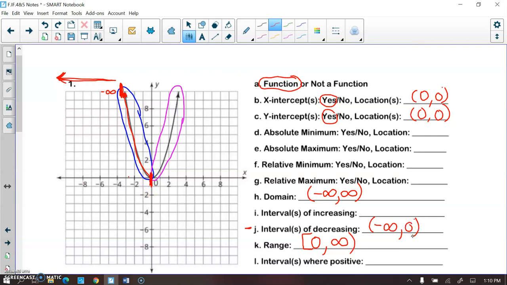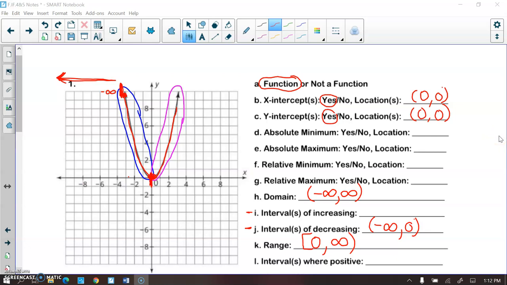Now let's move on to the pink section of the graph. We start at the leftmost point of that pink section, which is right here. And then we trace and we see that this red line is going up. So that's an interval of increasing. And so we're going to report the leftmost x value and the rightmost x value within that pink section.